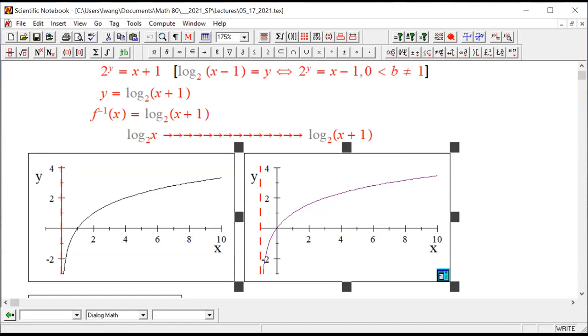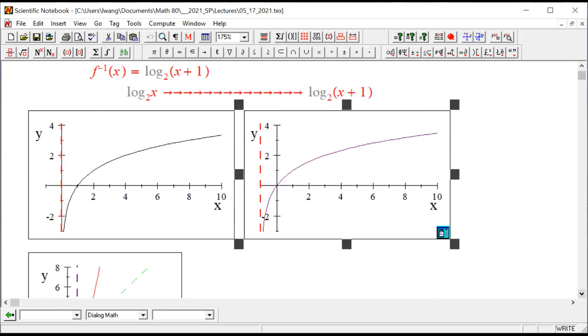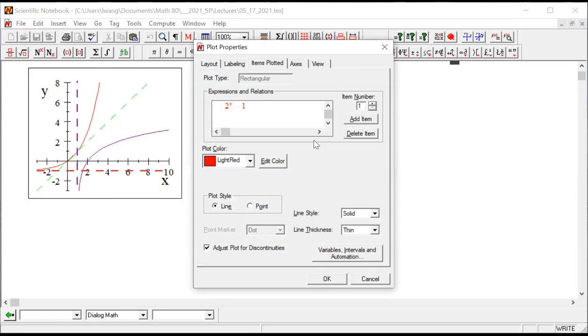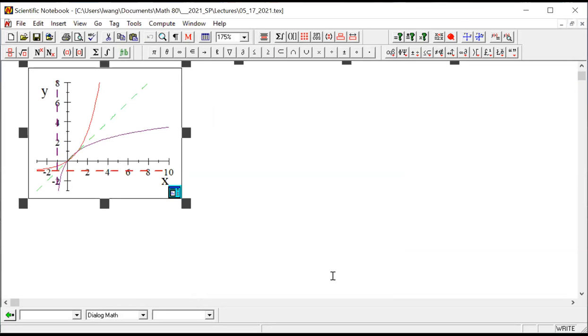I apologize for that mistake. So this is shifted to the left. So this guy is okay. The purple one is not. Plus 1. Okay, and the purple should be -1. Just shifting to the left, not shifting to the right.